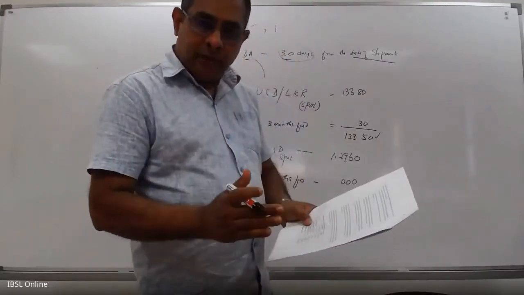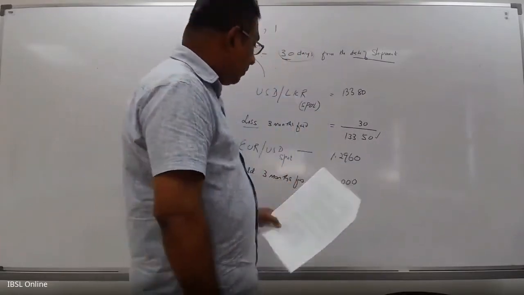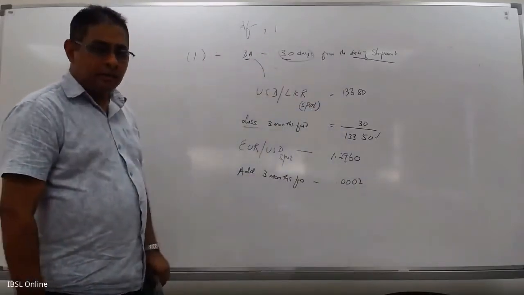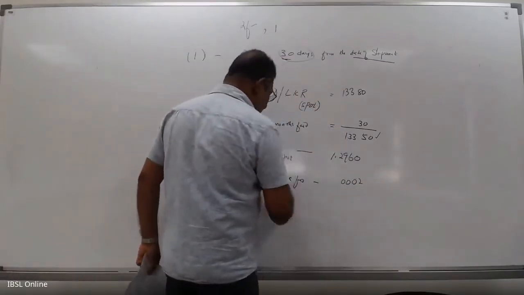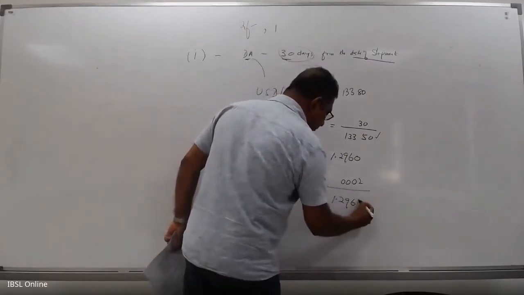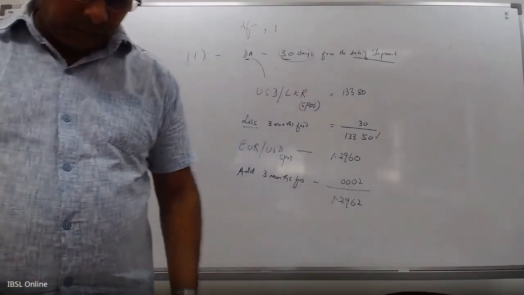You have to shift the decimal point further 2 places onto your left-hand side. 3 zeros and the left over is 2. Understood? So here you have to add, not subtract. So therefore it will be 2962.